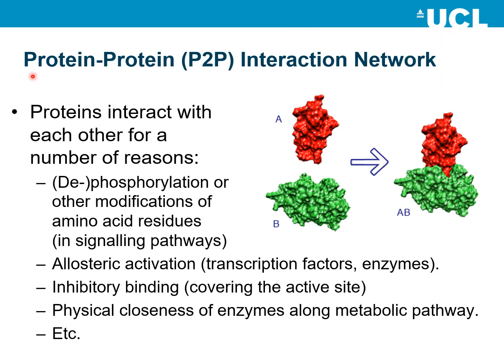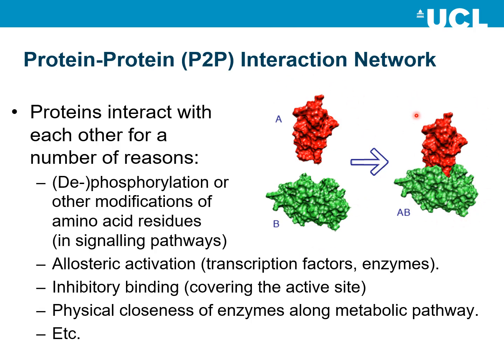The final type of key network is the protein-protein interaction network, PPI. This isn't really a pathway, as in it doesn't represent biological mechanism like the signaling pathway or the gene regulation pathway or the metabolic pathway. This is just representing which proteins bind onto which other proteins.